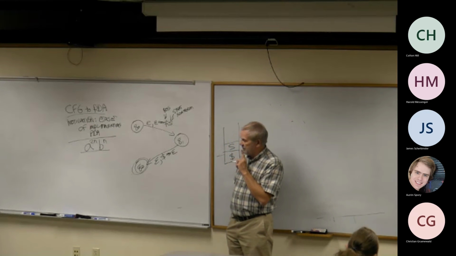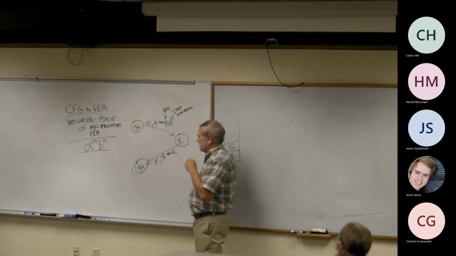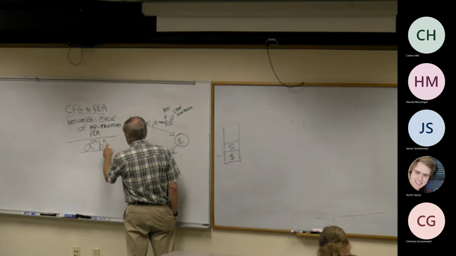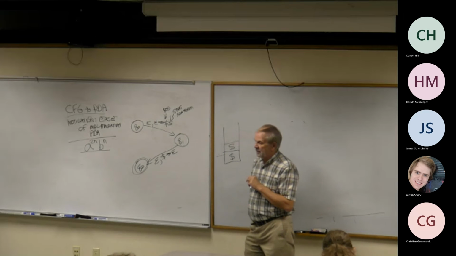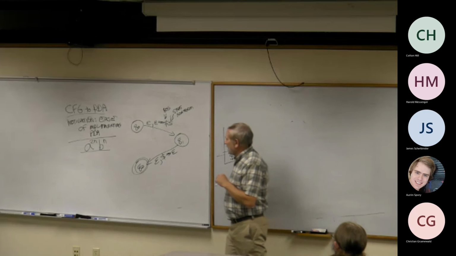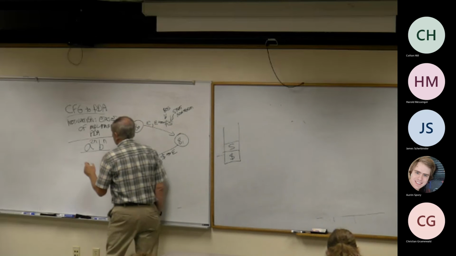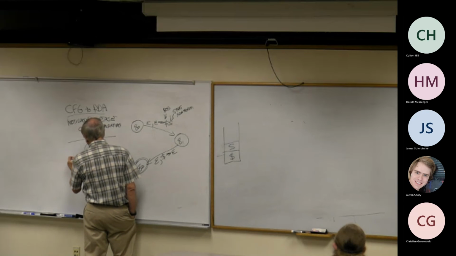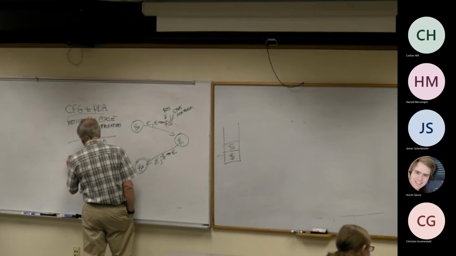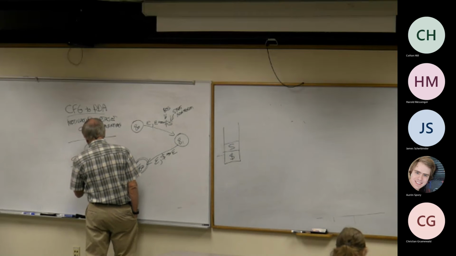This is definitely not regular because you have to count up the A's and make sure there's a matching number of B's, which a DFA cannot do. So what would a CFG look like that would accept this?